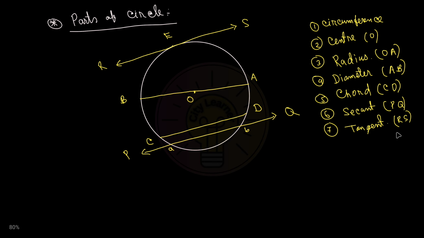This RS is the tangent, and it touches the circle at point E. If we draw a line from O to E, it will always be perpendicular to the line RS. This OE line is always perpendicular to RS.